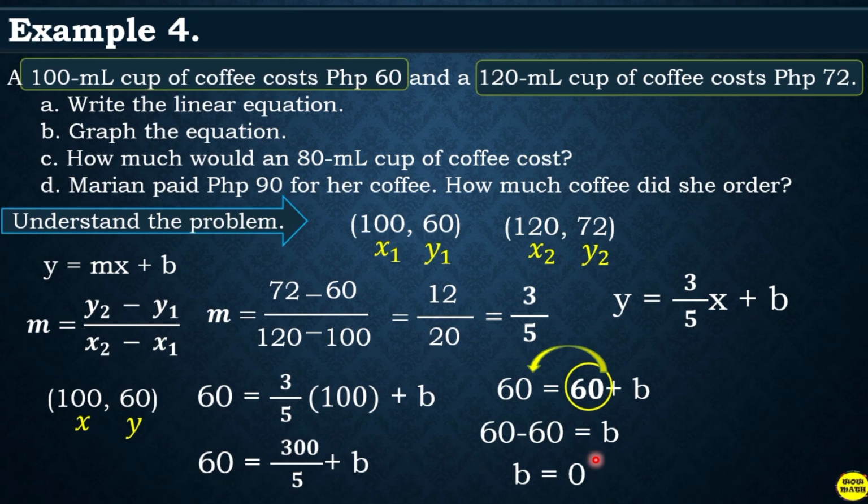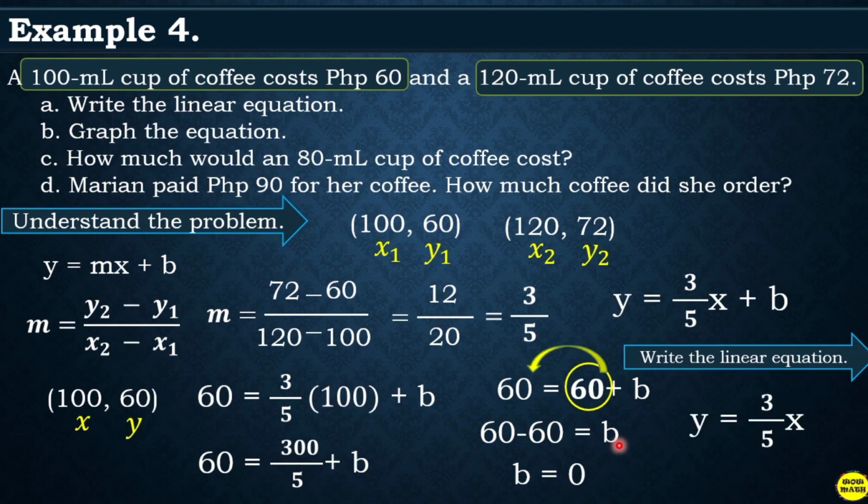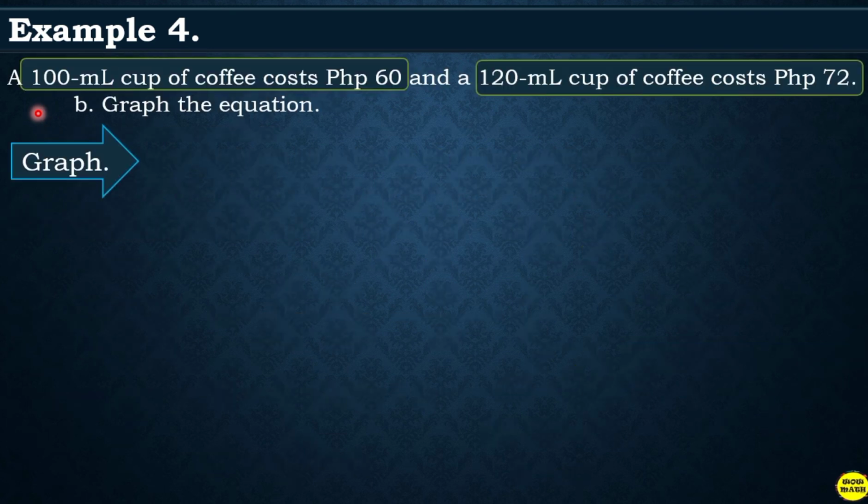Okay, so if your y-intercept is 0, our linear equation is only y is equal to 3/5 x. Is this allowed? Yes. It is still a linear equation because the highest degree is 1 and there are 2 variables. So, our linear equation is y is equal to 3/5 x, and this is the answer for letter A. Now, let's proceed to letter B.